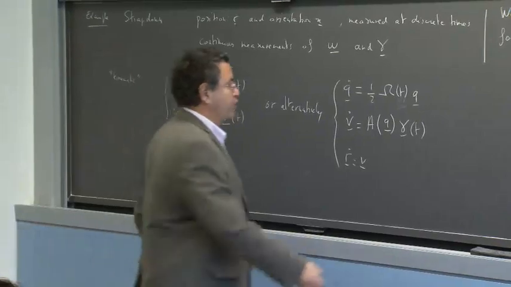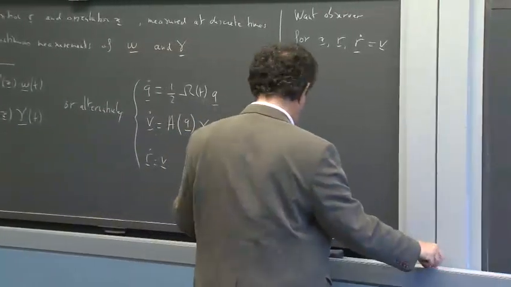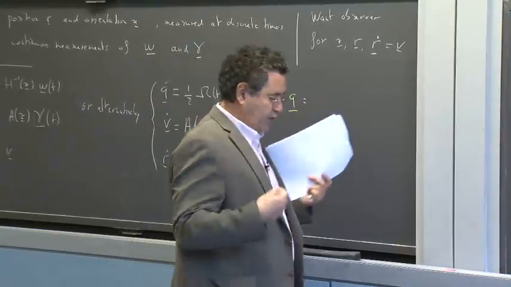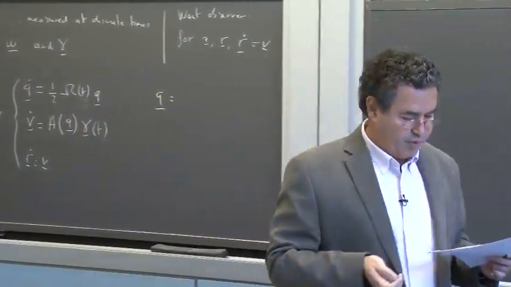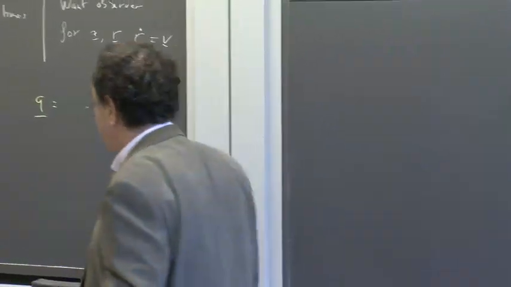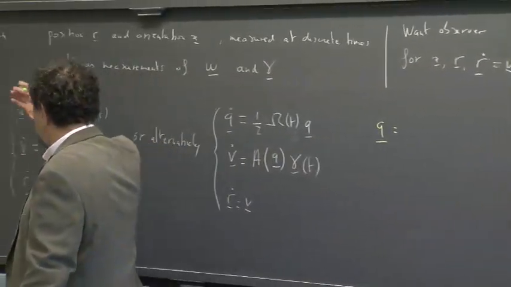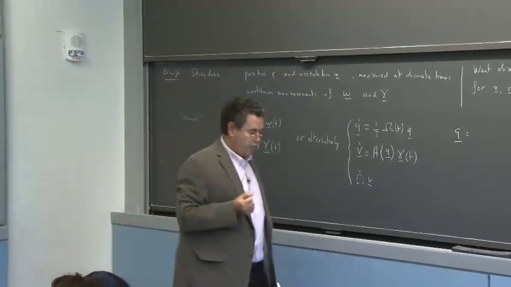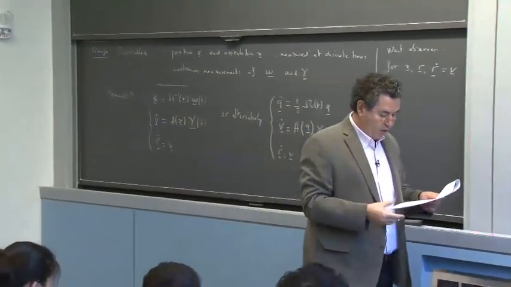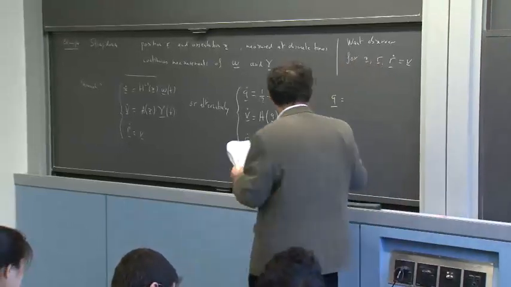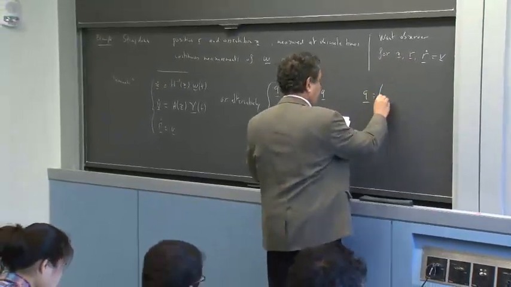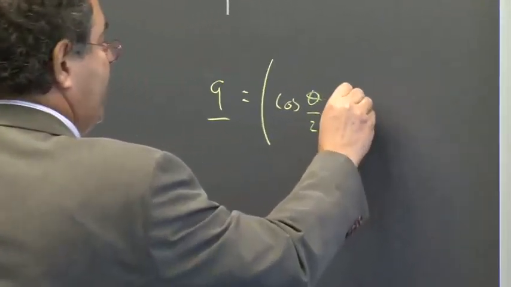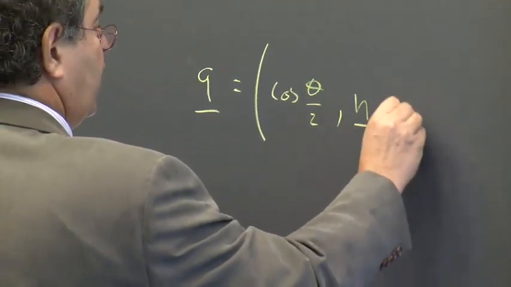So quaternion, as you probably know, right? So the idea is that one of the ways of saying this is that to avoid these singularities in representation of orientation, instead of using a three-dimensional vector, three numbers to represent orientation, you're going to use four numbers. Okay? And so you get this quaternion vector, which is cosine of theta over 2, and n times sine theta over 2.